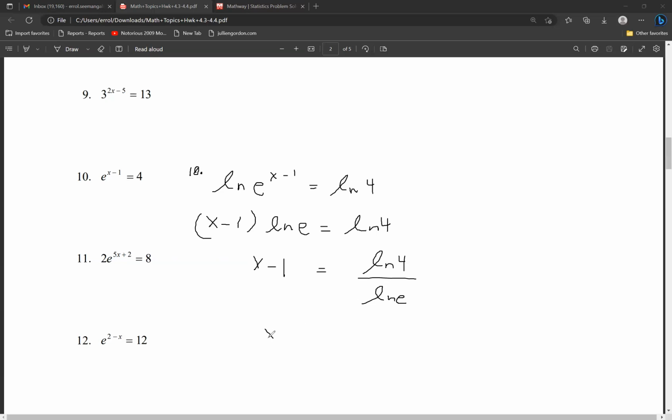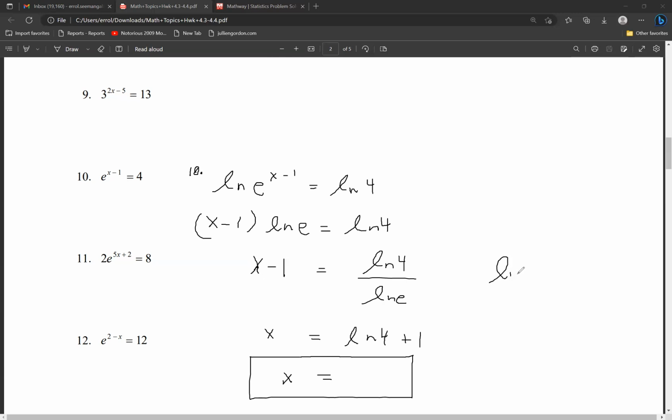So what does x equal? One second. I think ln e is 1. So x equals ln 4 plus 1, whatever that works out to be. Where did the e go?